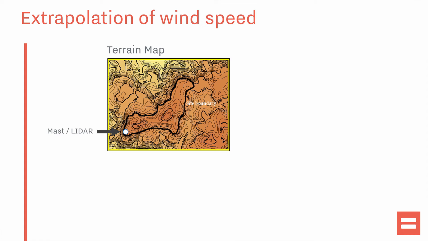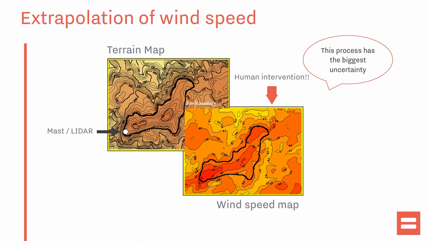So this little map here, the brown map, is a simple contour map of the terrain, and the black lines are elevation. And that white dot is where we've put up a mast. And so, a terrain map. We can then turn that into a wind speed map using a computational tool.